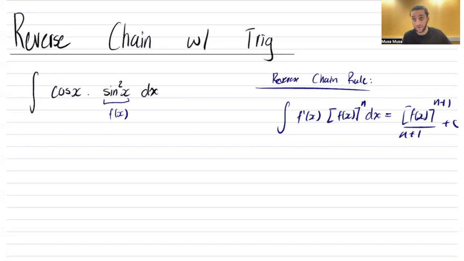Do we have the derivative of that function present? It seems like it. The derivative is cos x. So now we can just apply our reverse chain rule formula: this is going to be sine x, add 1 to the power, so it's going to be sine cubed x over 3 plus c.